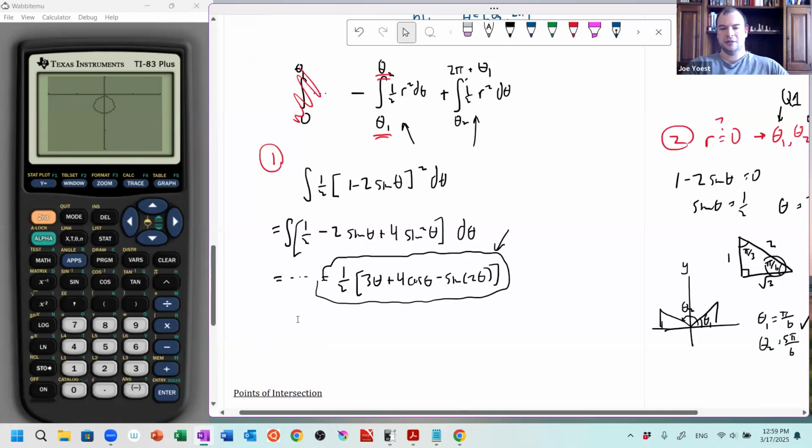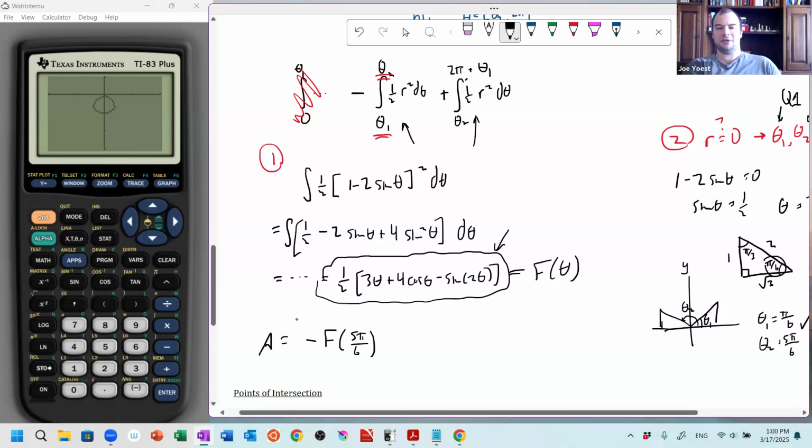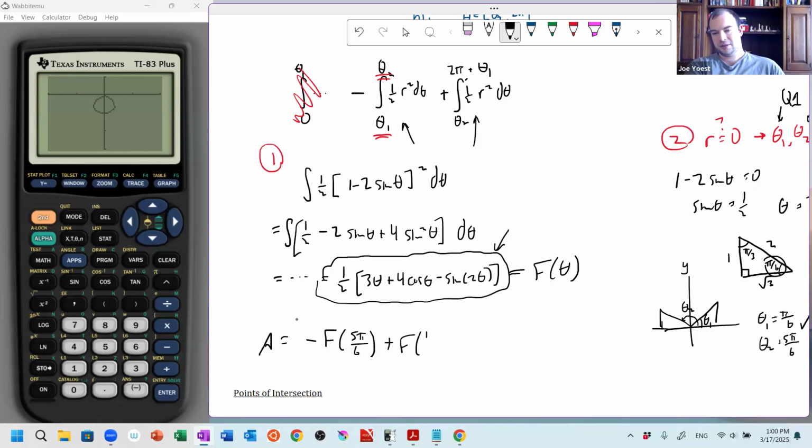All right, and what is my answer? I'm just going to call this big F of theta. So my area that I'm looking for is negative big F at theta 2 minus big F at theta 1, which is negative big F at 5 pi over 6, plus big F at pi over 6. That's from the first integral, plus big F at 2 pi plus pi over 6.